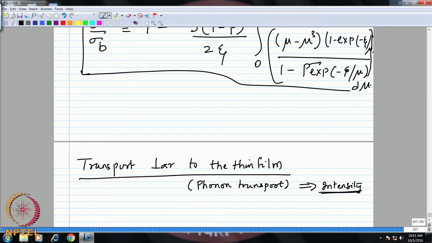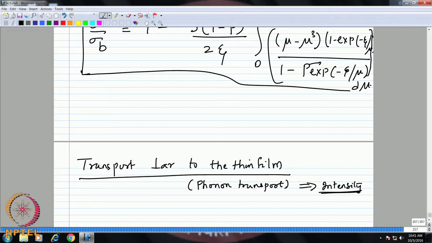I have also uploaded the reference paper on Moodle, which gives you the equation cast in terms of the intensity of phonon transport.